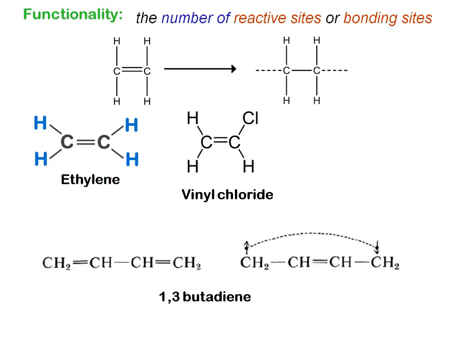Next, the important one, functionality. Actually, because of the functionality only we are able to form the polymers. The functionality is nothing but the number of reactive sites or bonding sites present on a monomer. The number of reactive sites or bonding sites present on a monomer responsible for the polymerization.